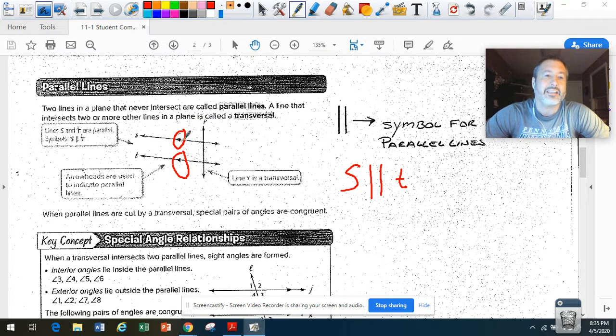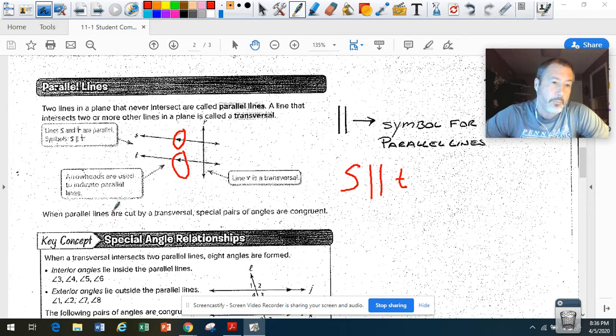These arrows also tell us that line S is parallel to line T. We use those arrowheads to indicate that these lines are parallel also. And of course, this line V is our transversal.